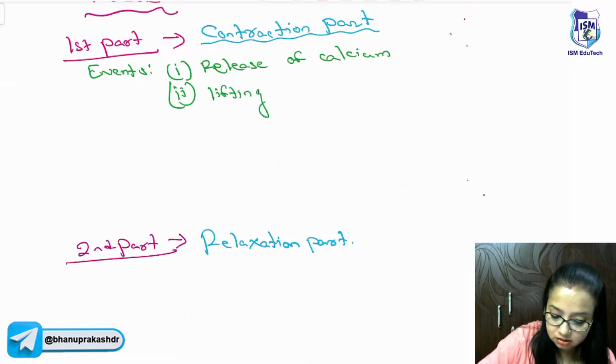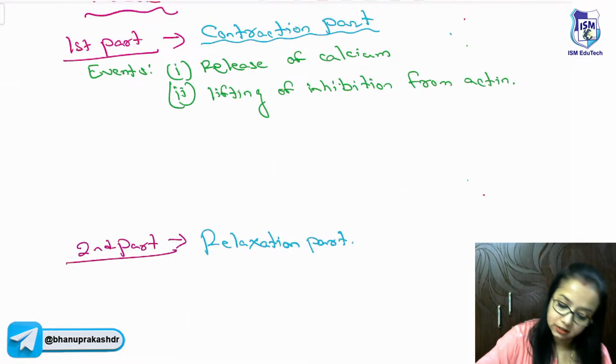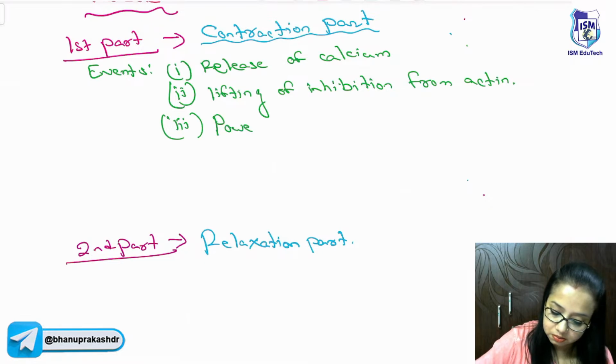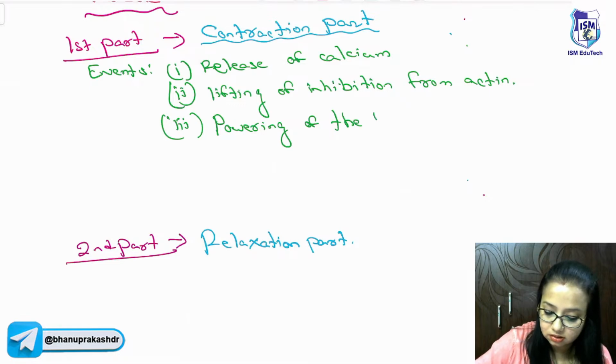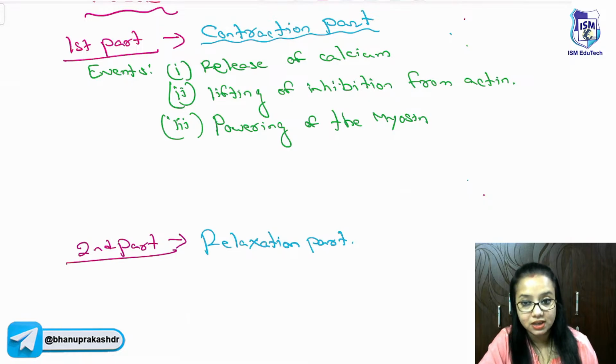Now this release of calcium leads to the second part, that is lifting of inhibition from actin molecules. Third part is powering of the myosin. Now, actin inhibition lifting and myosin powering, these two happen side by side.